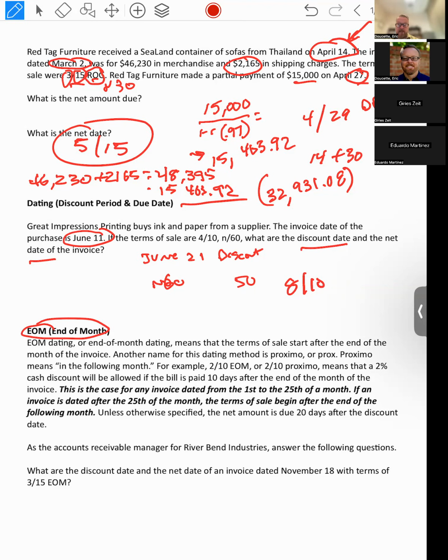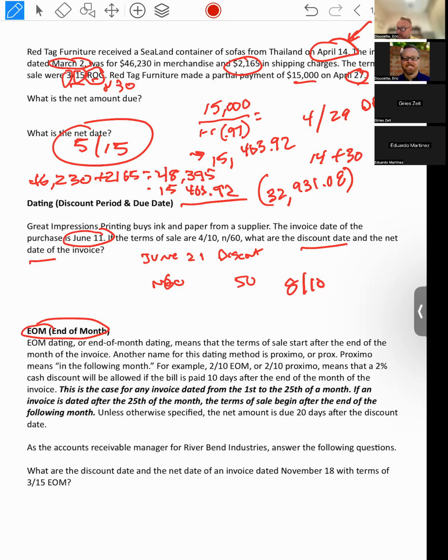End of month terms are basically that if the date of the invoice is on or before the 25th, then you're going to start your terms at the beginning of the next month. But if your invoice is dated after the 25th, so the 26th and beyond, then the terms are going to start on the month after the next month.